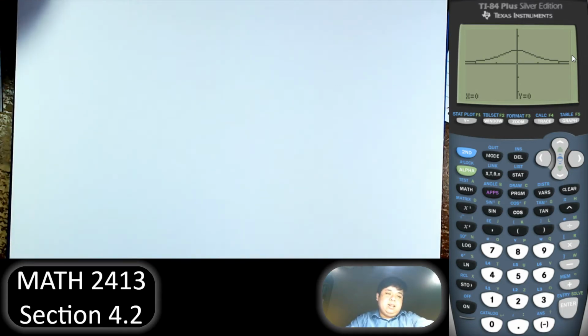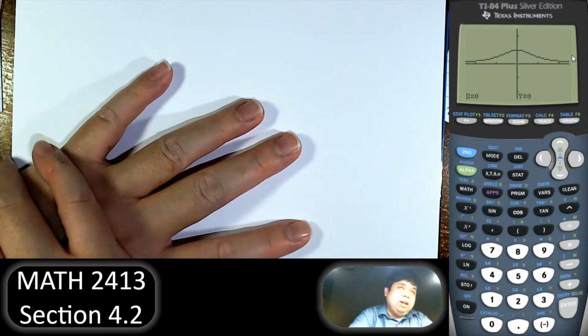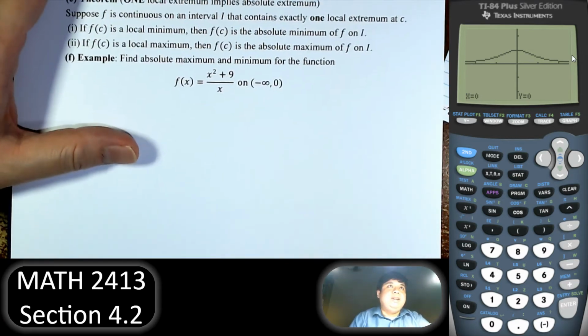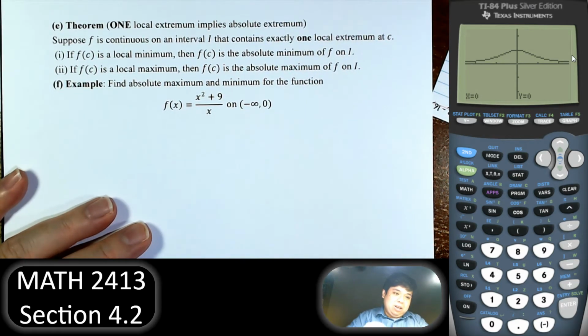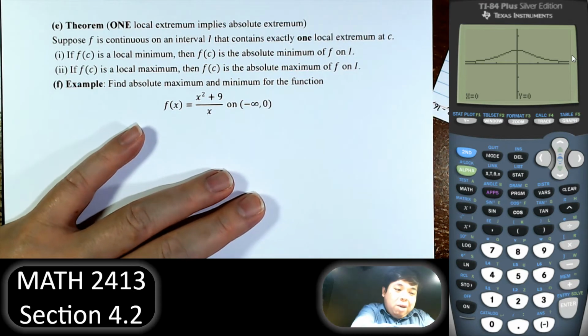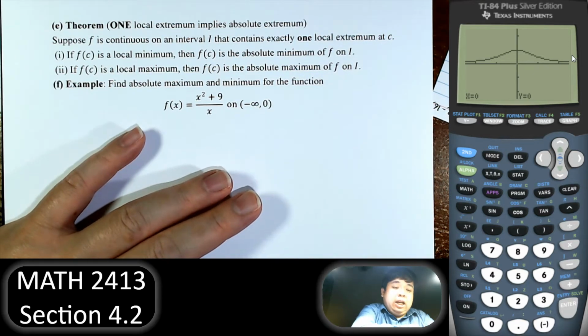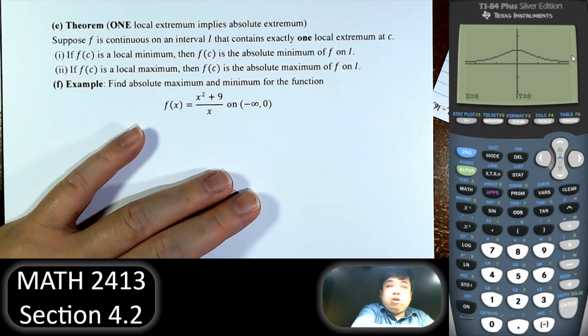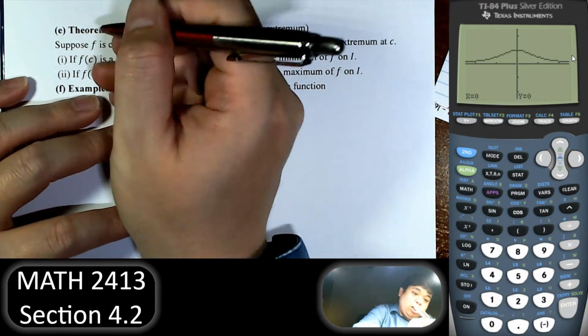Next, this theorem says one local maximum implies absolute extremum. So local extremum implies absolute extremum. The key word here, of course, is one.